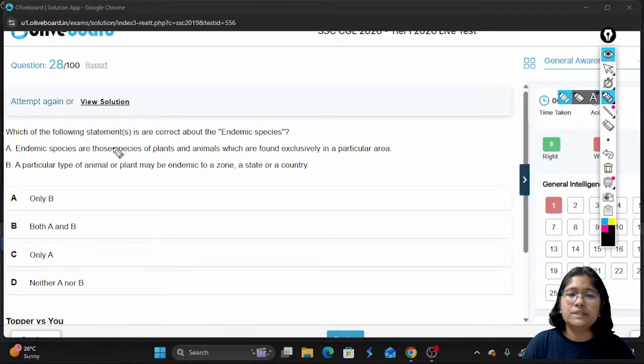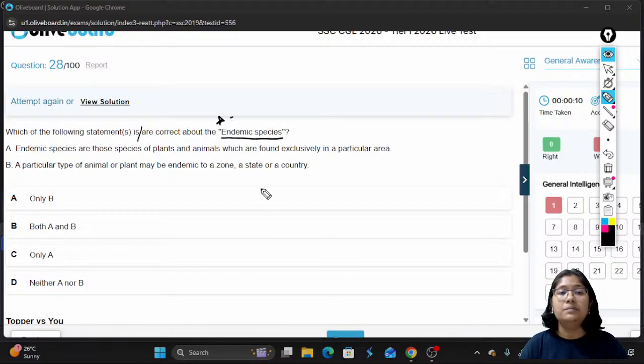Which of the following statements are correct about the endemic species? So what do we mean by the endemic species? We can say endemic to a region when we say endemic, and when we say pandemic.